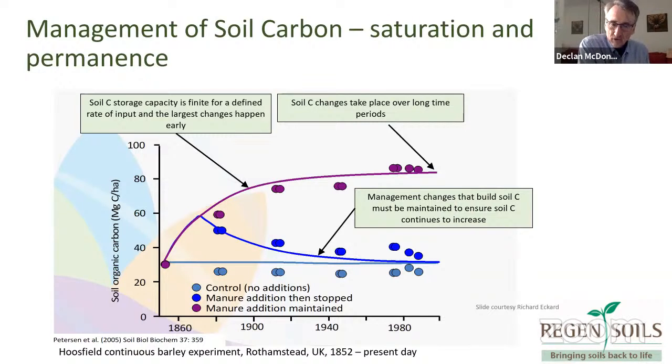But any changes that we commit to build soil carbon have to be maintained to ensure that soil carbon continues to increase. And what the blue line is showing is what happened when the manure additions that commenced back in the 1850s stopped, and we see a gradual decline then as that material runs down.